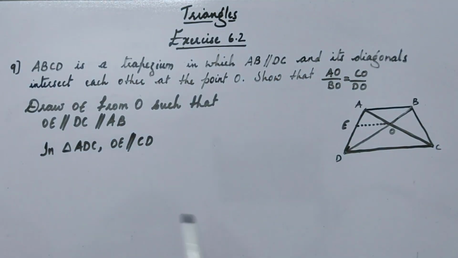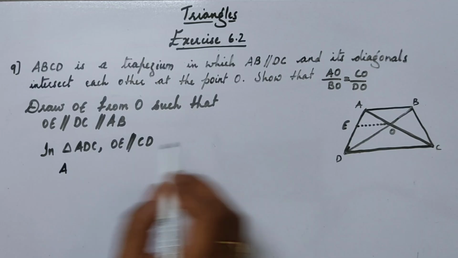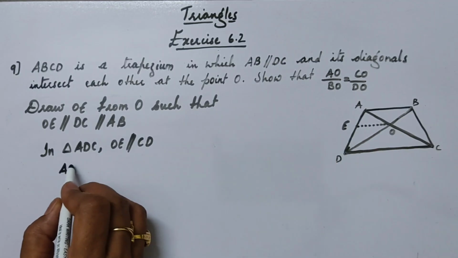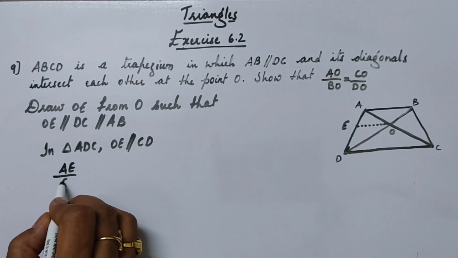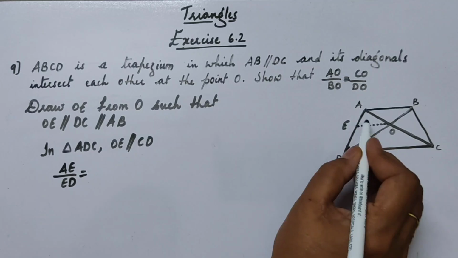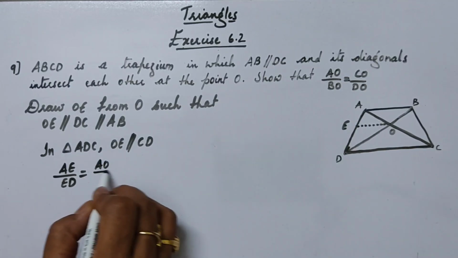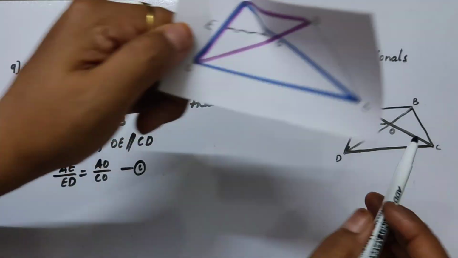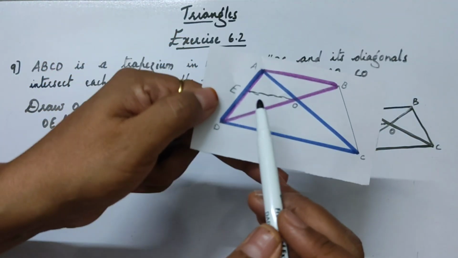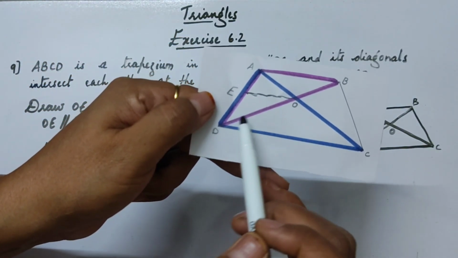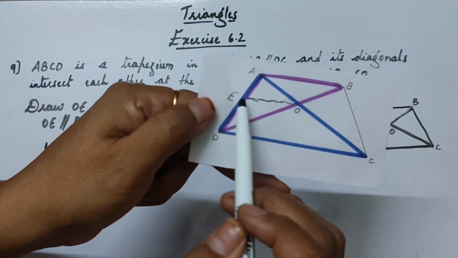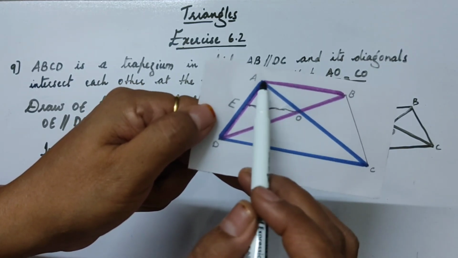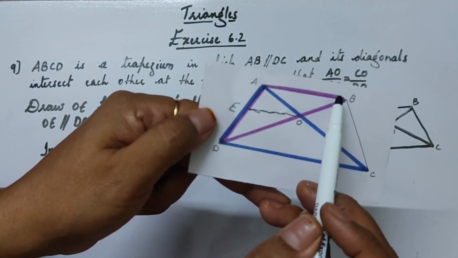Okay, students, that is AE by ED equals AO by CO. I got it here. So this is a triangle. I am going to consider another triangle, where EO is parallel to the base AB.